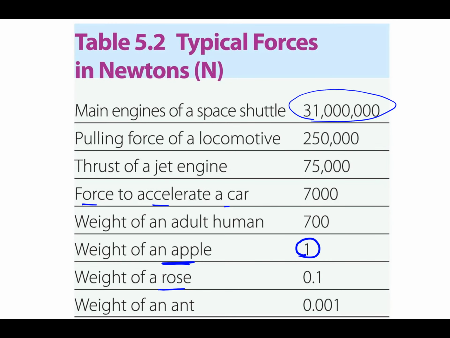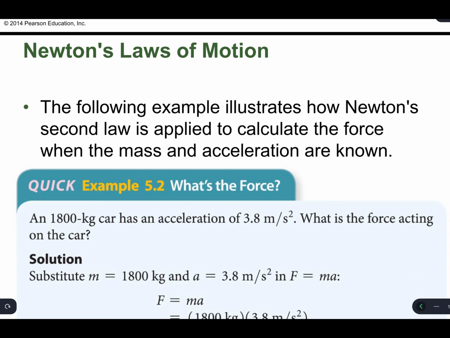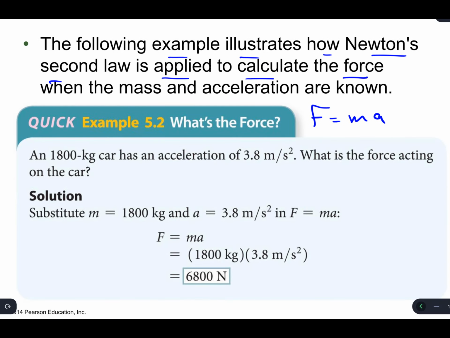So let's go directly to some examples. The following example illustrates how Newton's second law is applied to calculate the force. Keep in mind, F equals ma. Let's read. An 1800 kilogram car, so you have the mass, and it is in kilogram. It is important to take care of the units.